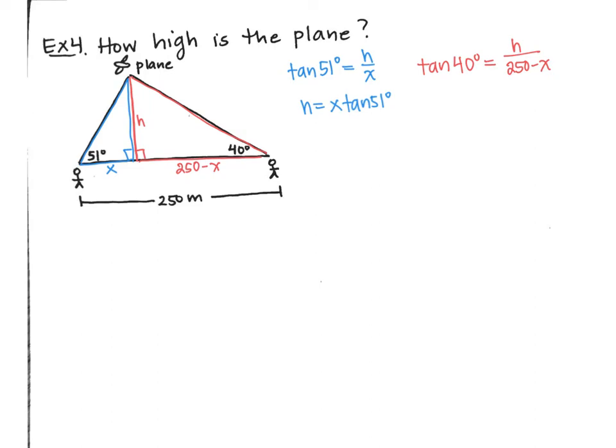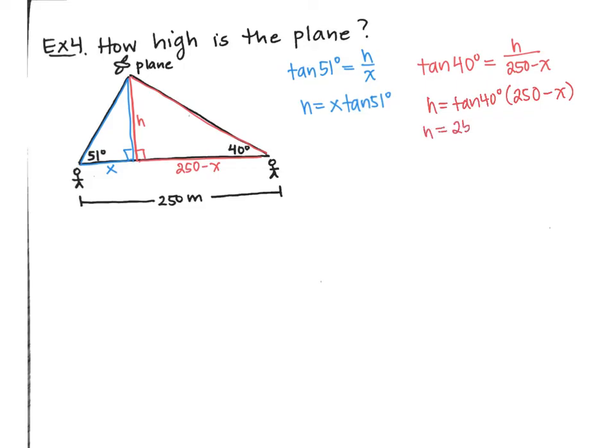Now I could substitute this into the other equation, but I think I'm going to make the other equation look a little nicer first. I'm going to go ahead and multiply this over to here. You might want to distribute when you're writing it, because you could. Tangent 40 degrees times 250.